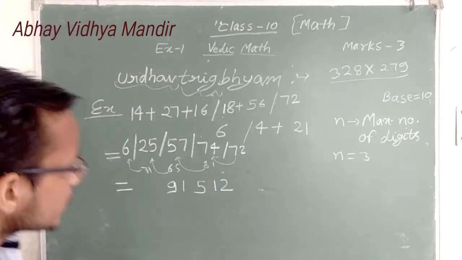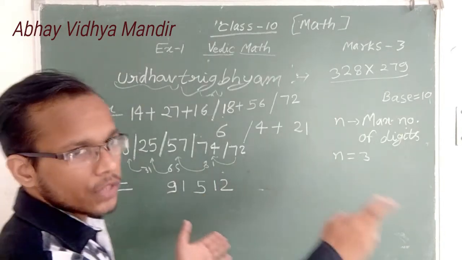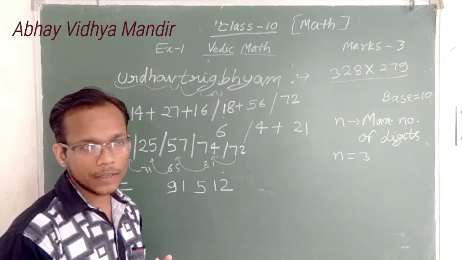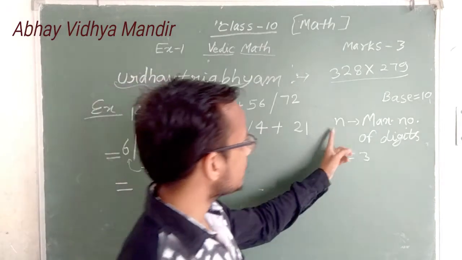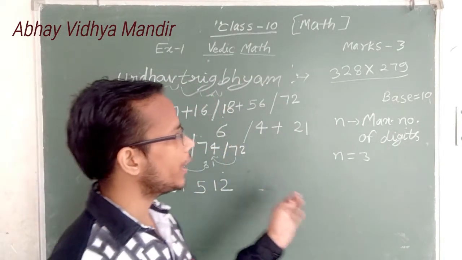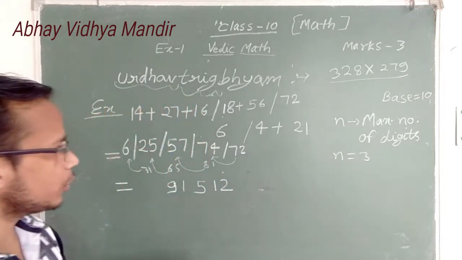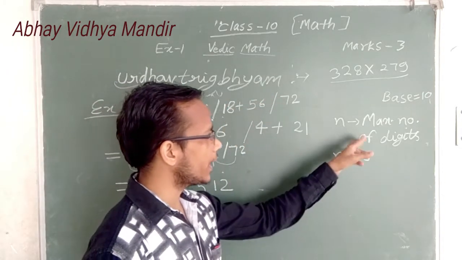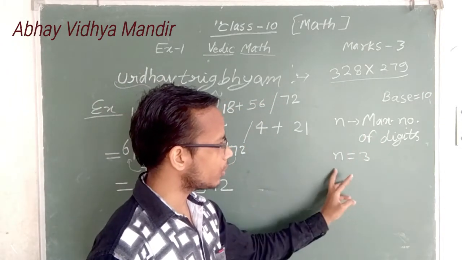In this process, first you make the steps. How do we find the steps? By the formula. The formula was 2n minus 1, where n is the number of digits, the maximum number of digits.